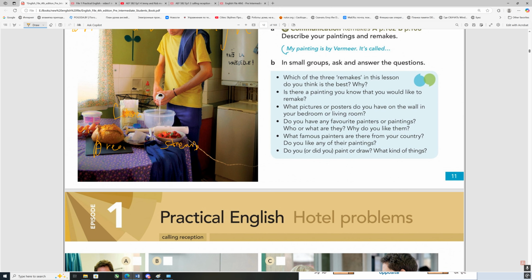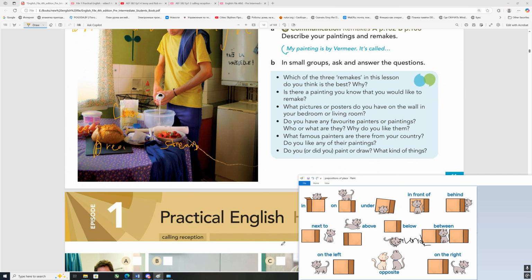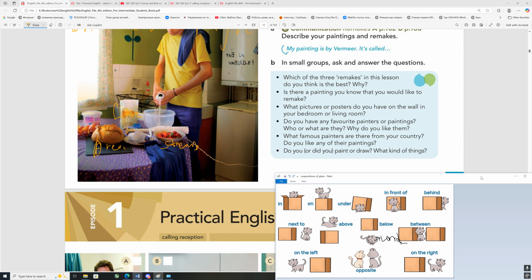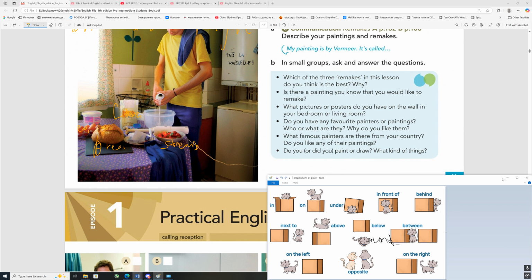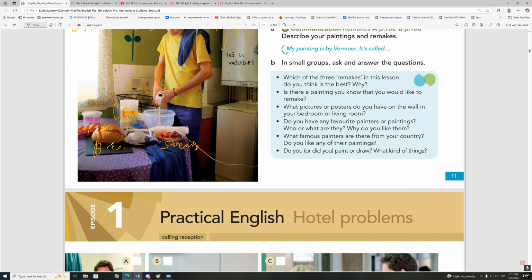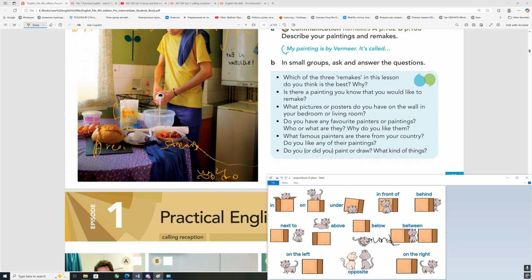Are you kidding me? Behind, below, between, on the left. No, it's not. They are not under. Okay. Next to. Again, think.